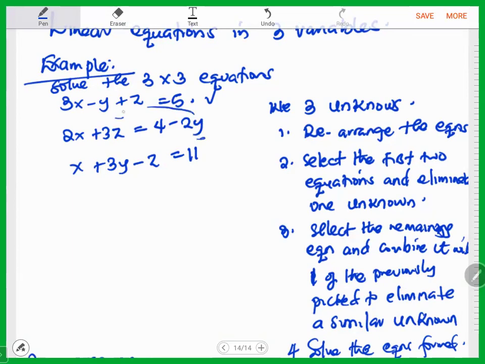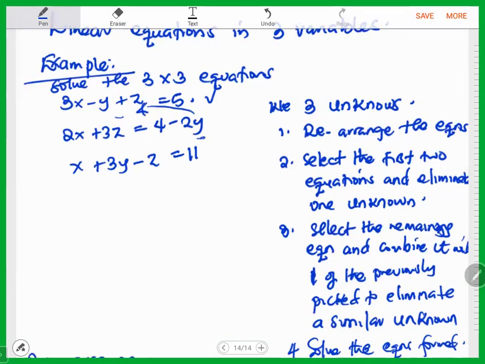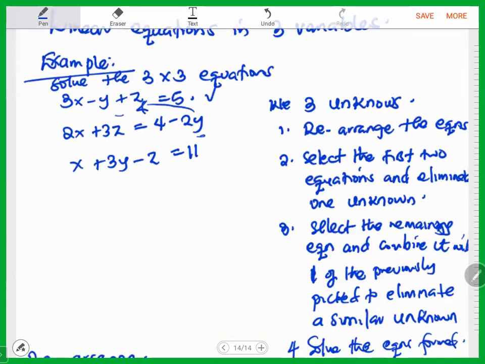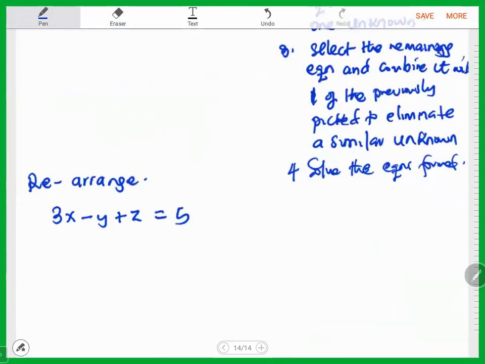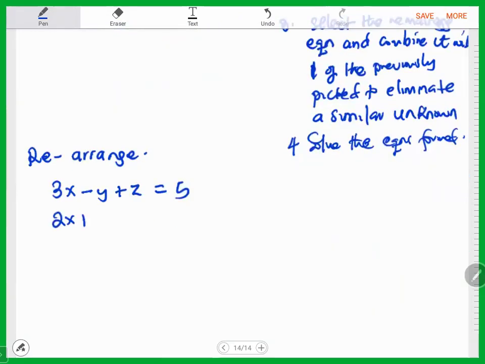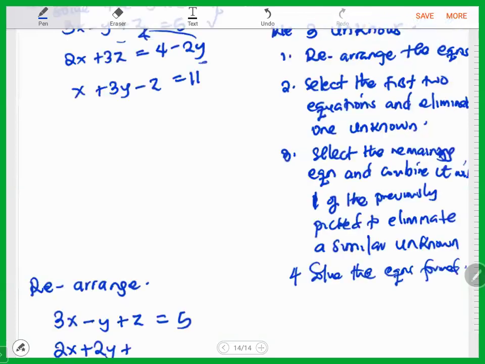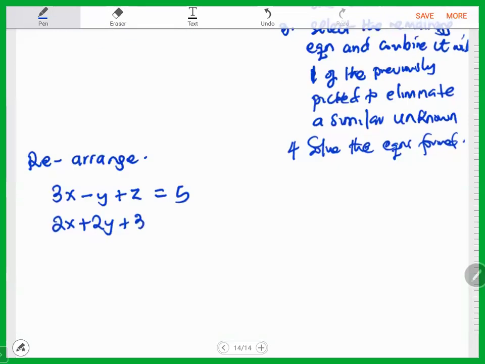So I have 2x plus 2y plus 3z is equal to 4, because I must have constants the other side alone.